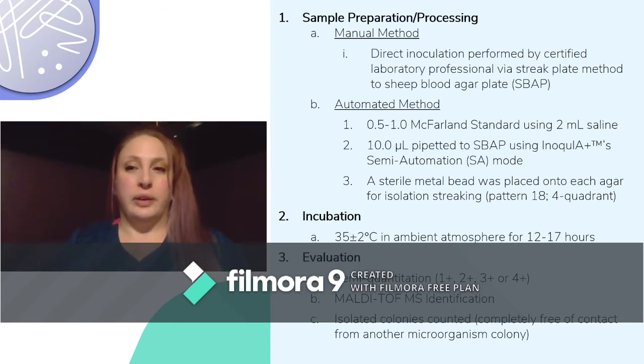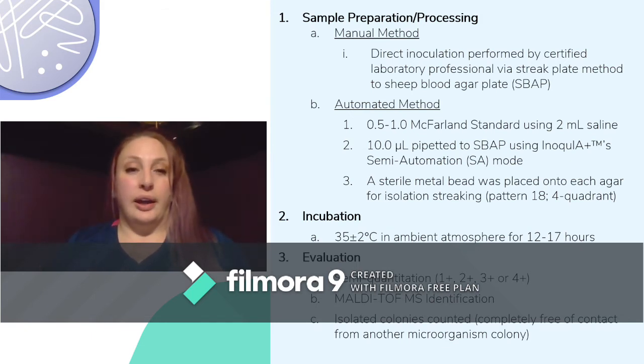Now, for the automated method that I performed, I had first taken the wound cultures and I had created a 0.5 to 1.0 McFarland standard for each of them. And that was to just ensure that the turbidity, the concentration for all of my samples were going to be approximately the same for each of the 20 cultures that I did.